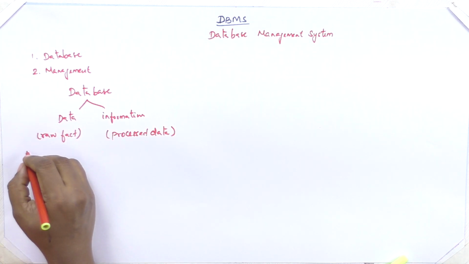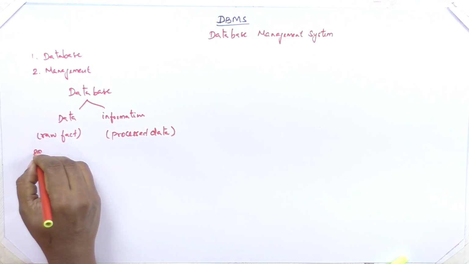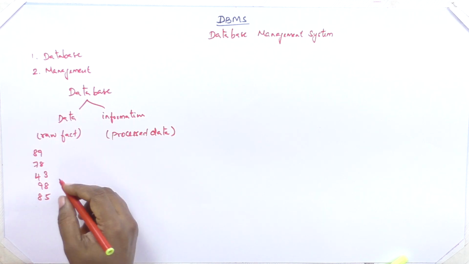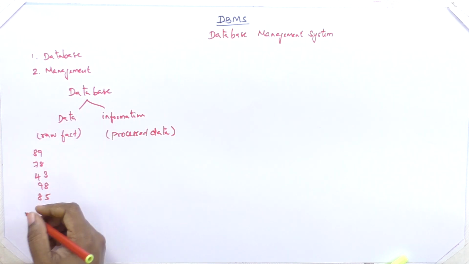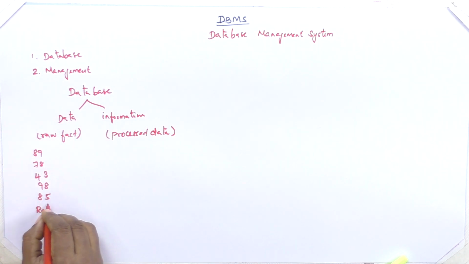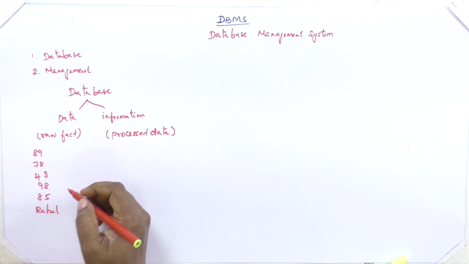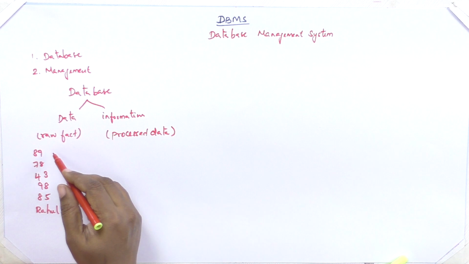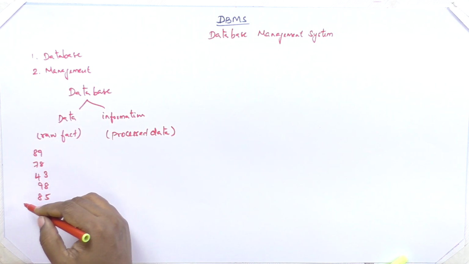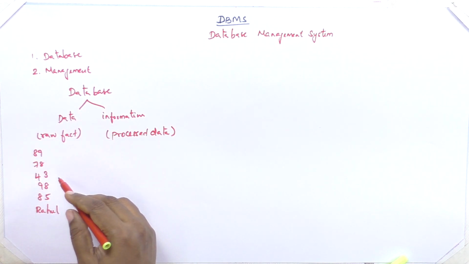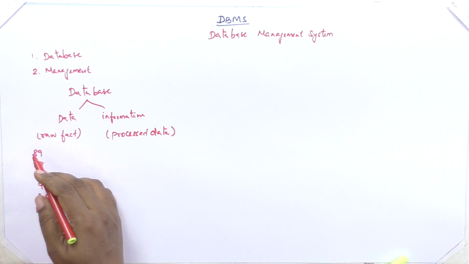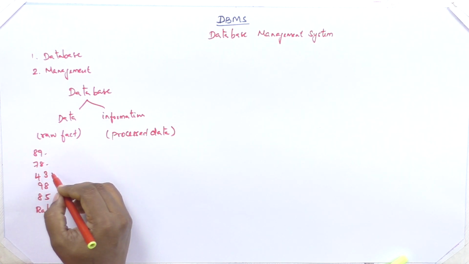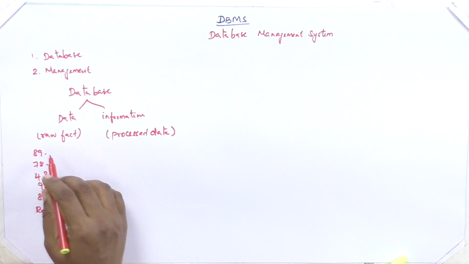For example, I am giving 5 numbers here and a string here. We do not know the details of this because when we see this, we are not able to identify the connection, the interlink between them. It is all taken as individual values and we say this is a raw fact.